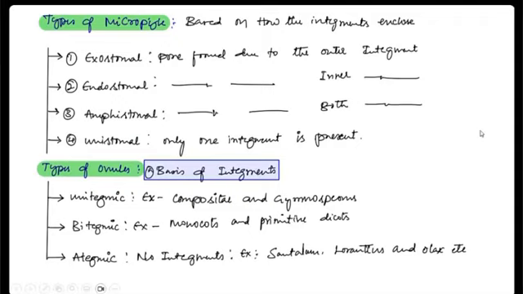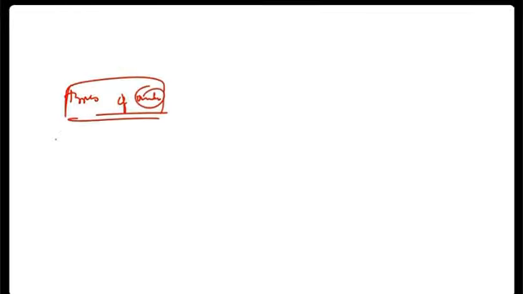Next, I have also mentioned different types of micropyle and different types of ovules based on the integuments. If you are interested, you can cover all these things. Otherwise, you can just leave it. Next, the most important thing is to discuss different types of ovules. Can you list out the different types of ovules for me?